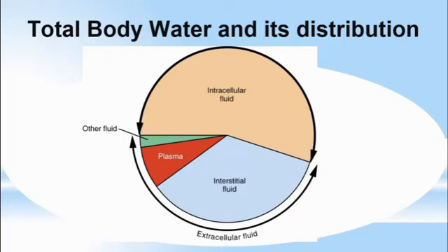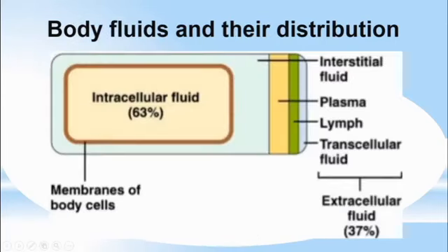So there are two major water distributions, intracellular and extracellular. Here you see the extracellular fluid, that is around 37%, is mainly in the form of interstitial fluid, plasma, lymph and transcellular fluids. And the intracellular fluid, that is around 63%, is inside the cell.